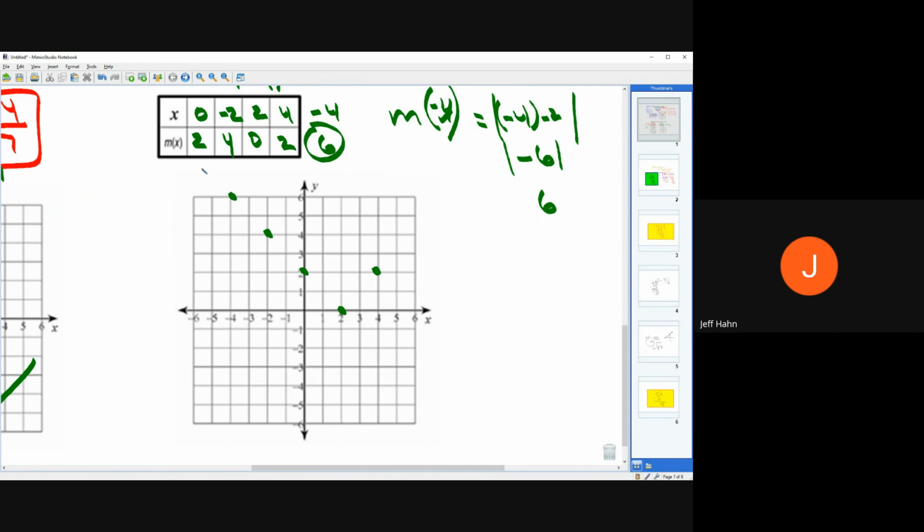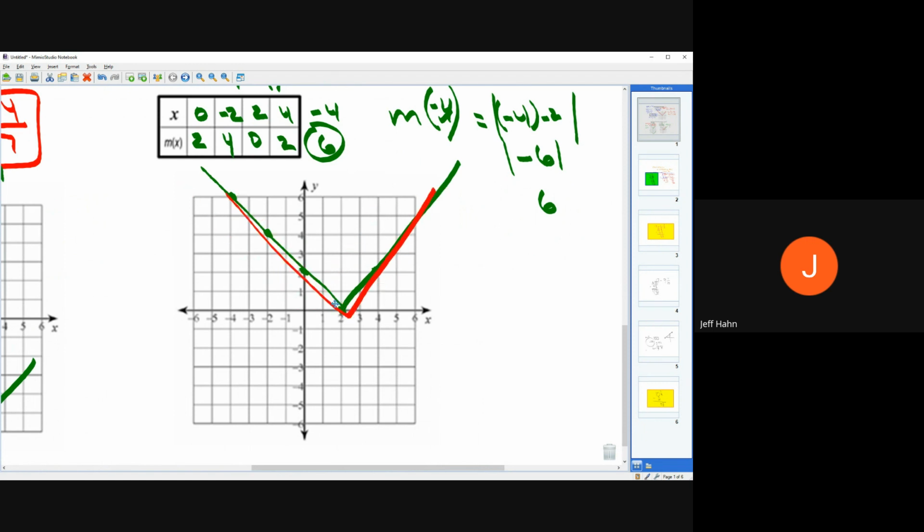It's going to go ka-chunk, ka-chunk. Remember what the parent function was, which was this. If the number's in the absolute value sign, which way does it shift? It shifted horizontally.